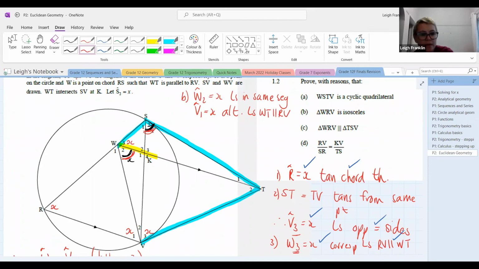So what this means is that angle R equals angle V1 because they both equal X. That means that WR equals WV because they are sides opposite equal angles. So that is what makes triangle WRV isosceles.